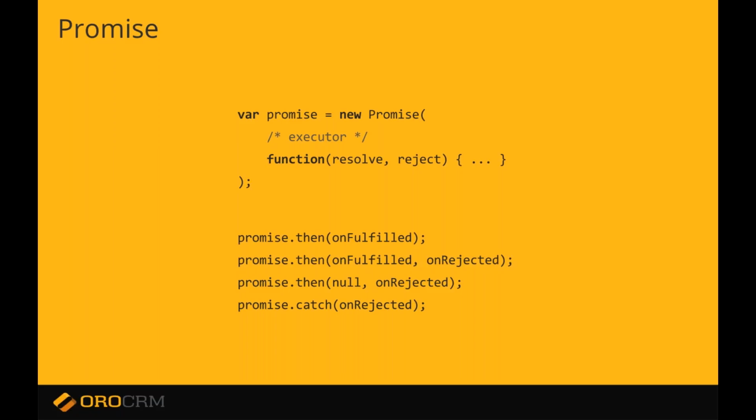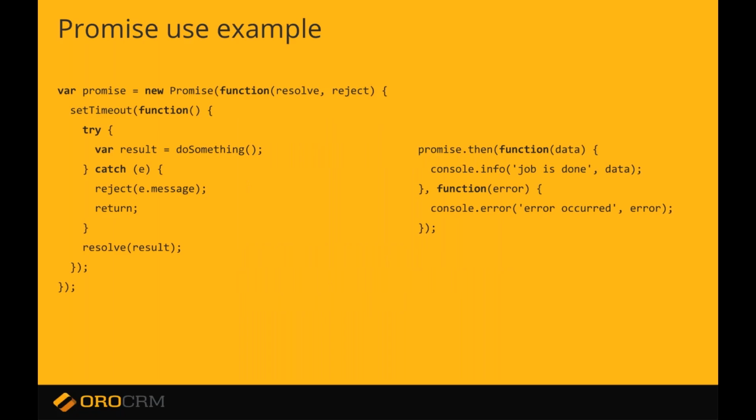This way we can notify all members who get the promise object whether our process is done or failed. Outside our code, some other code will subscribe to our promise via the then method or catch method and handle the successful or failed result. Let's look at an example to explain it a bit more.